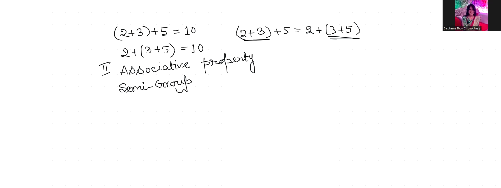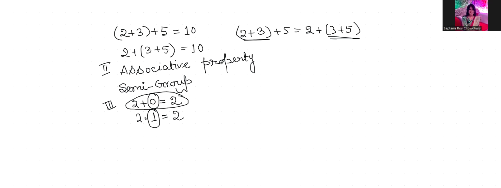Third property. What is the third property? 2 plus 0 equal to 2, or 2 into 1 equal to 2. That means if you add some number to another number and you get back the same number, this element is called the identity. If you multiply with some number and you get back the same number, it is called the identity.